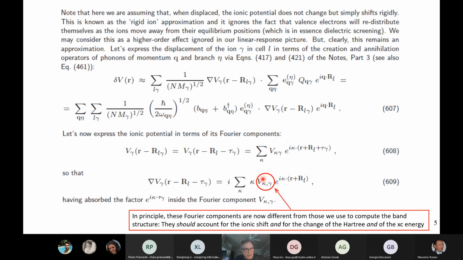The only materials in which I think two-phonon processes, or multiphonon processes in general, which require higher order terms, are important: one is graphene, with the modes which oscillate out of the plane of graphene. First order terms, or leading order terms, are forbidden by symmetry, and then only two-phonon processes are important.